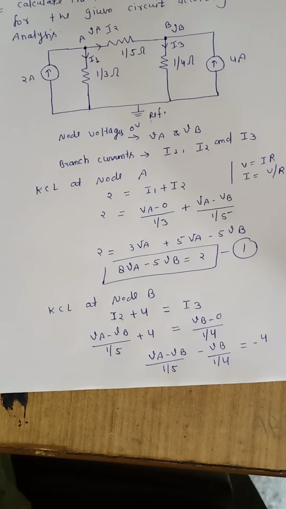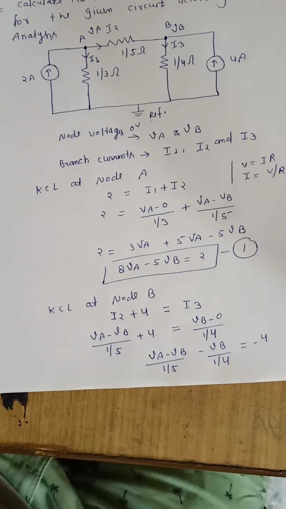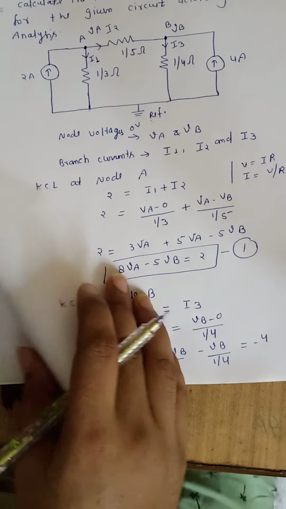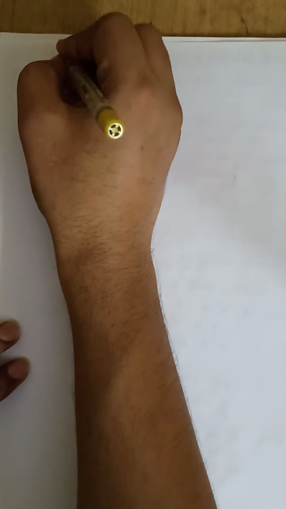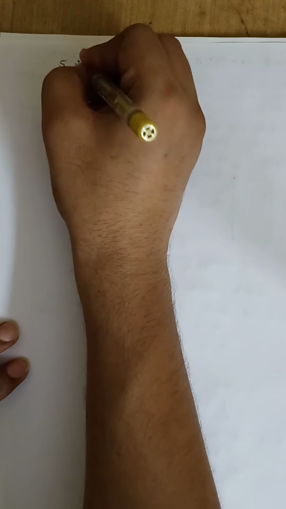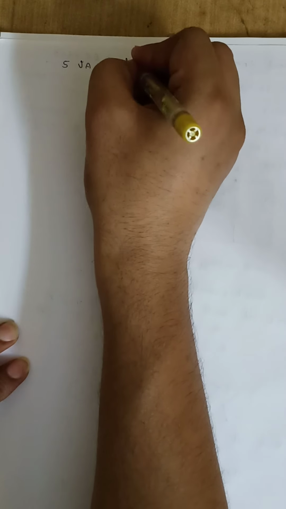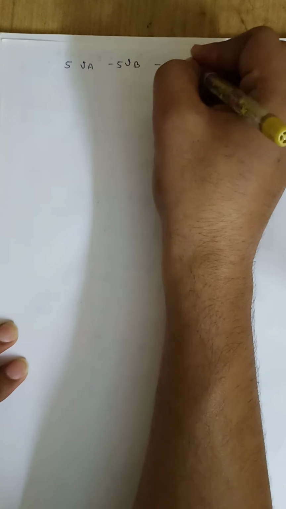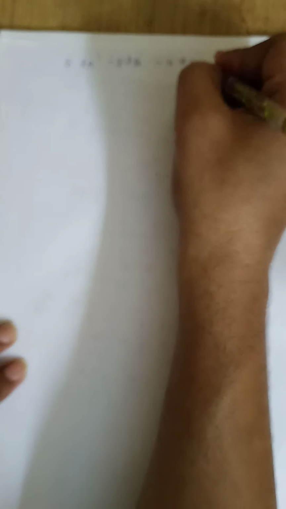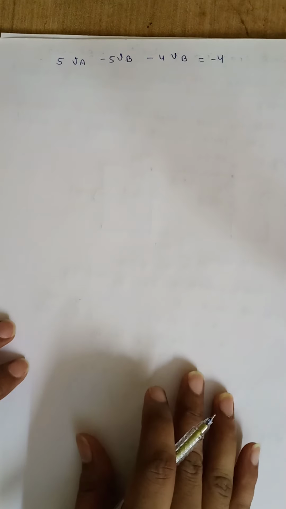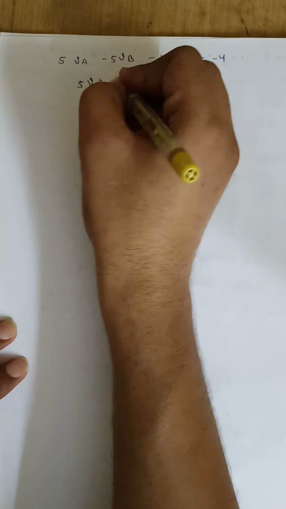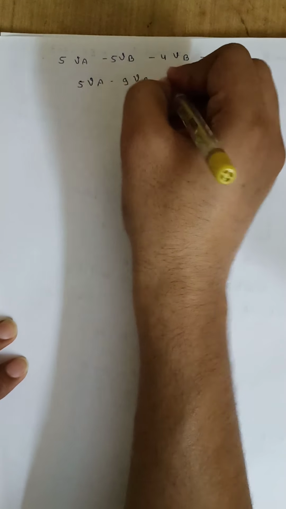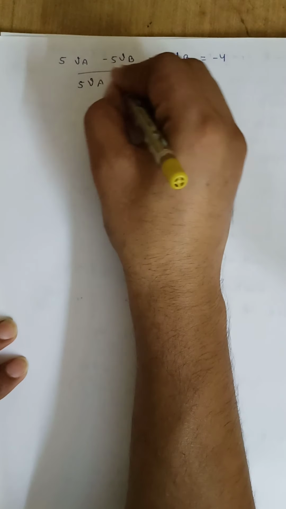Let us simplify. When we simplify the equation, we have 5VA minus 5VB minus 4VB equal to minus 4, or we have 5VA minus 9VB equal to minus 4.